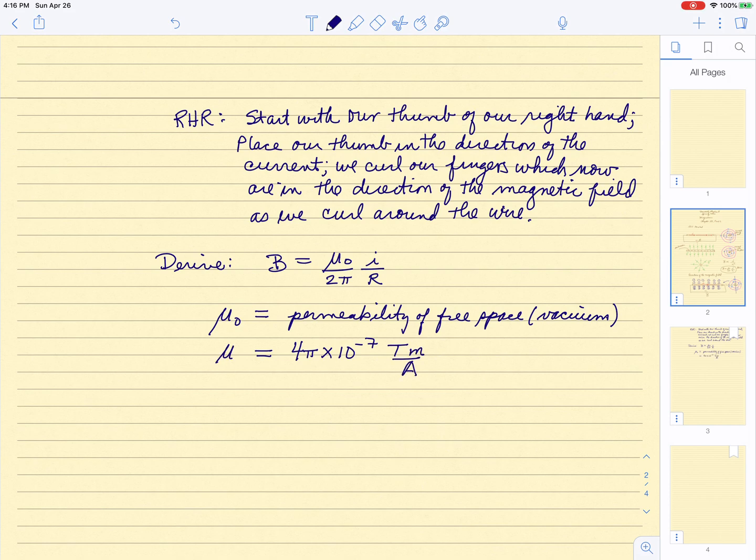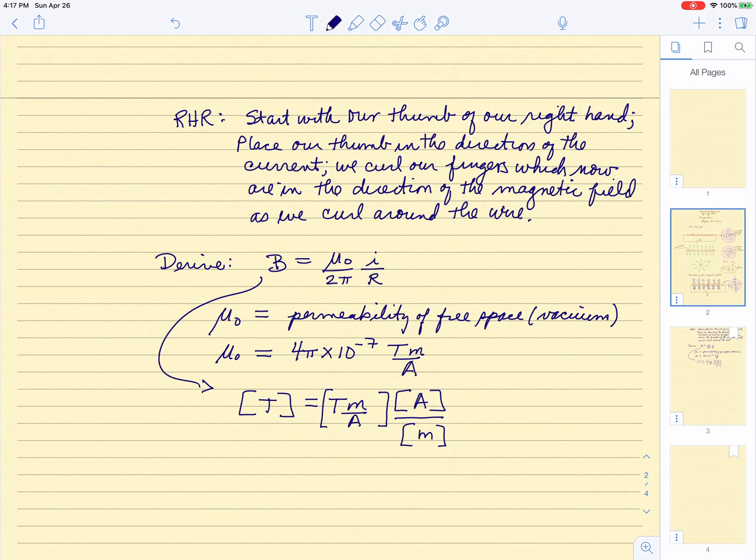Now those units make sense, right? Because if we were to look at this equation, then B is going to need to be in units of Tesla, current is in units of amps, and the distance away from the wire is in units of meters. And so for both sides of this equation to be consistent unit-wise, this would have to be Tesla meters per amp.